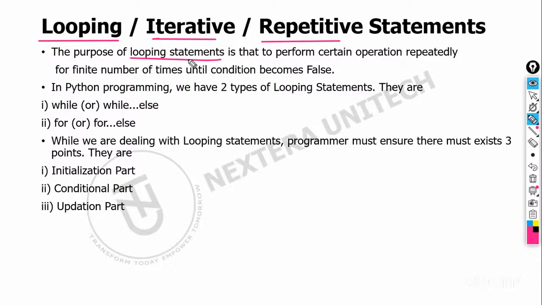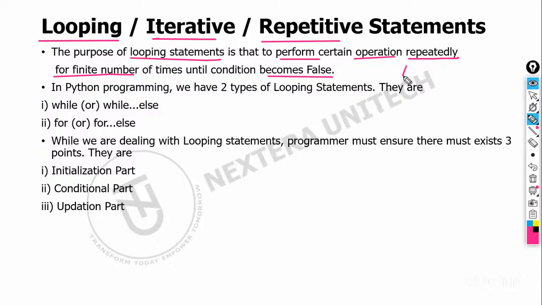Because these statements help us to perform a certain operation, but repeatedly. Repeatedly, not just for once, but for a finite number of times until the condition becomes false. So, till the condition that we are including in the looping statement becomes false, they help us to perform the operation for a finite number of times.